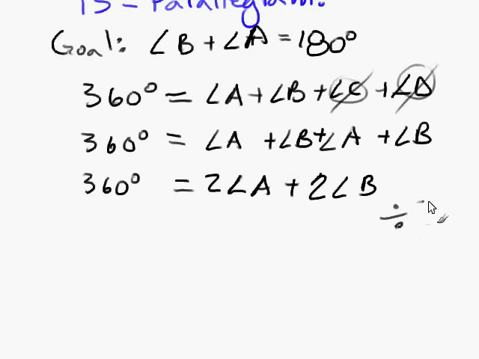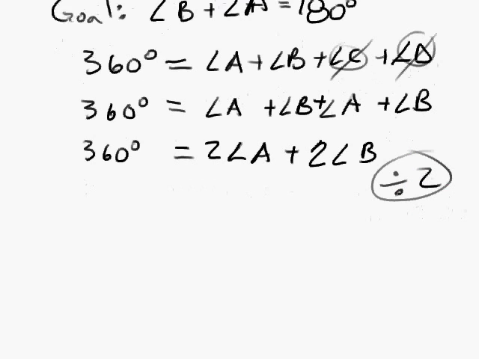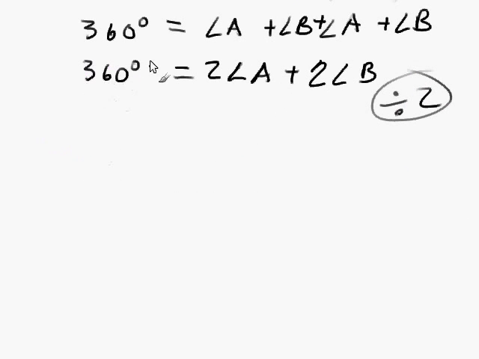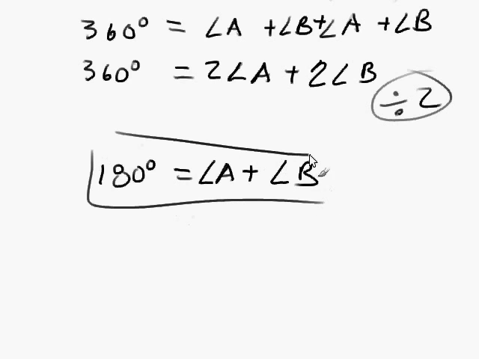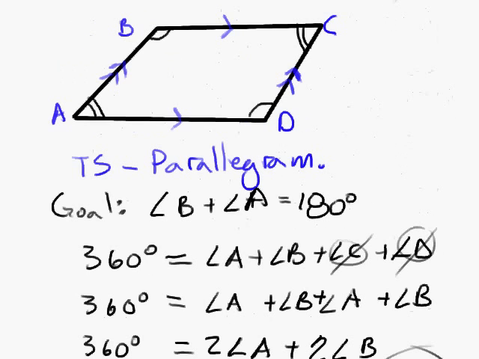Now let's just divide by 2, and that'll give us 360 divided by 2, 180 degrees. 2 times angle A divided by 2, angle A. 2 times angle B divided by 2, angle B. Hey, those angles are supplementary. That means that AD is parallel to BC.